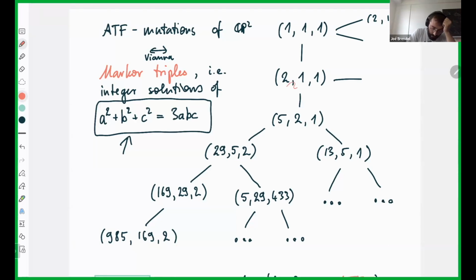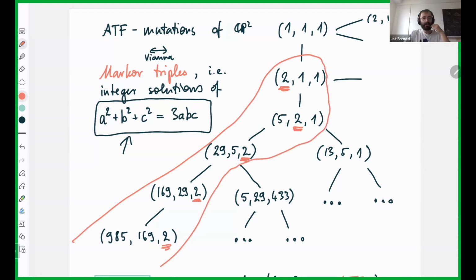So here you see a 2 appearing, here you see a 2 appearing, and so on. And so you get one infinite branch here. And this 2 stands for RP2. So whenever you have a 2 in it, it means that you have not destroyed this vertex where the RP2 sits.